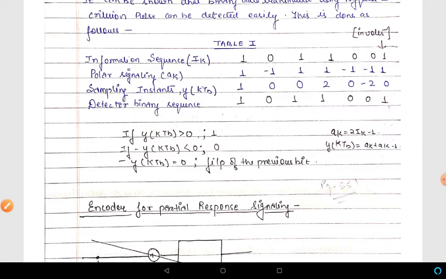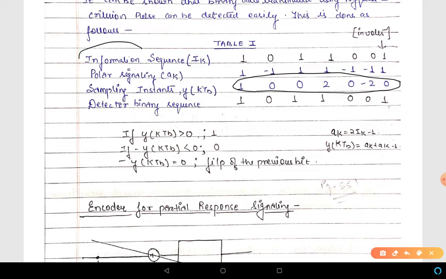My question is, if I am able to get back the actual information bits from these sample values, then I can validate that even if there is this controlled interference, intentionally introduced between two pulses, this scheme is going to work.